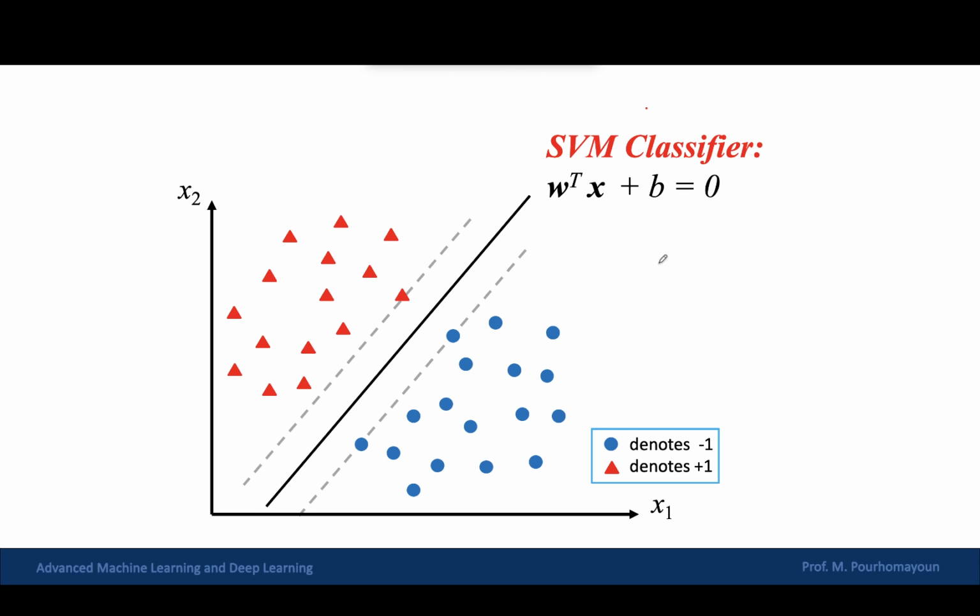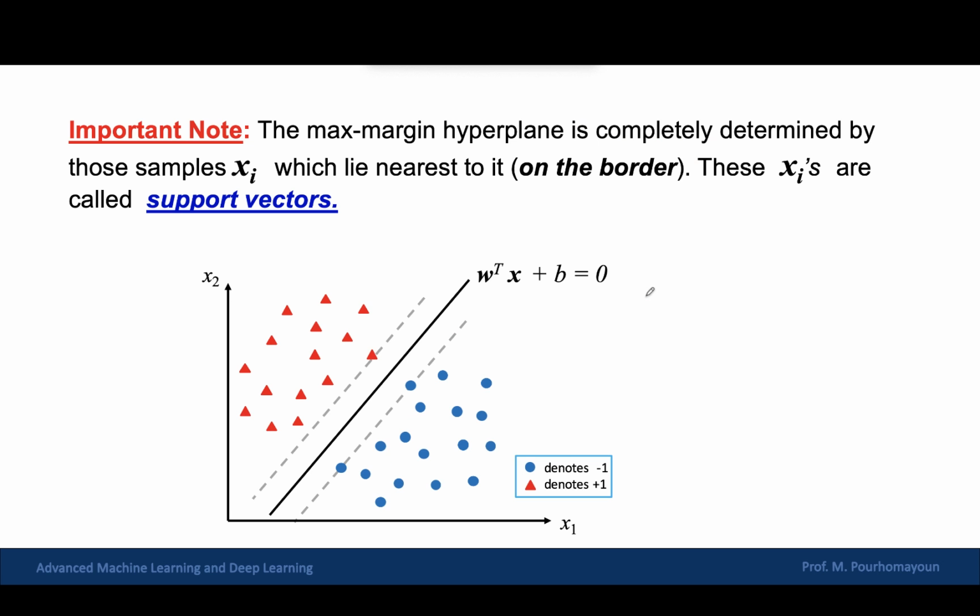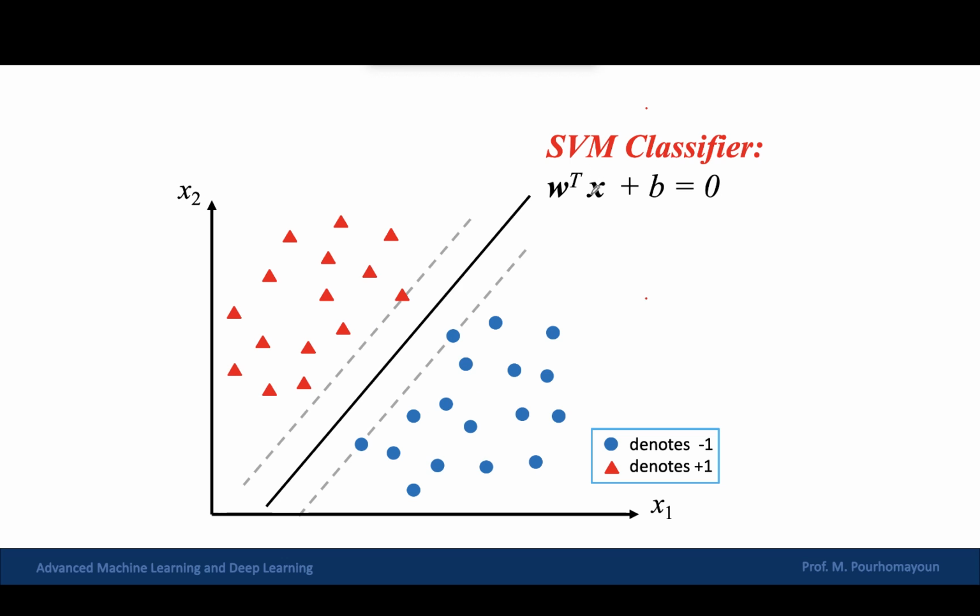Let's continue. So this is our SVM classifier. Now after we find the area and W and B, we don't care about these two lines anymore. These were the lines that helped us build this classifier, and these samples on the border are called support vectors.